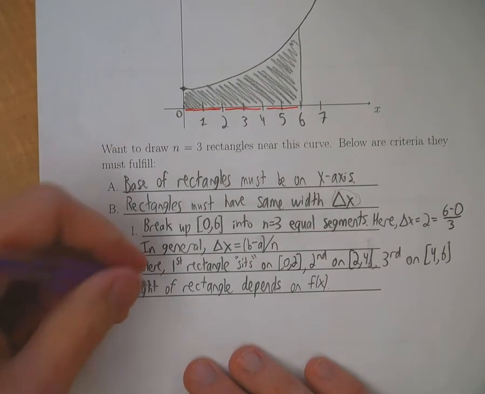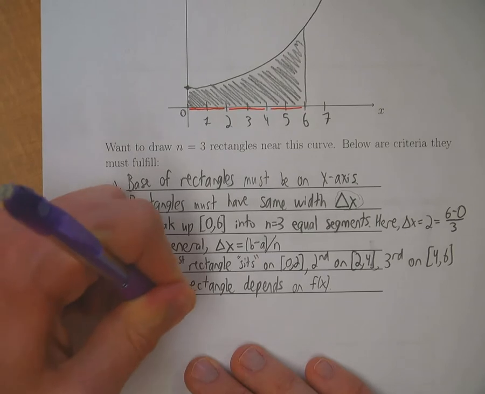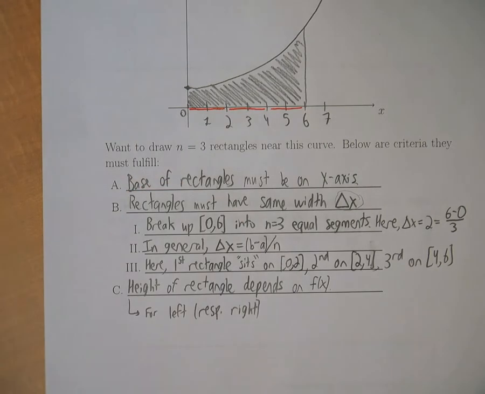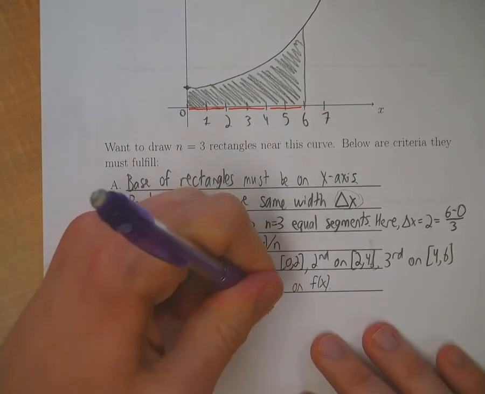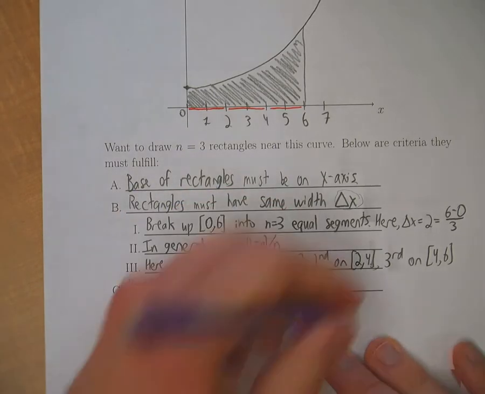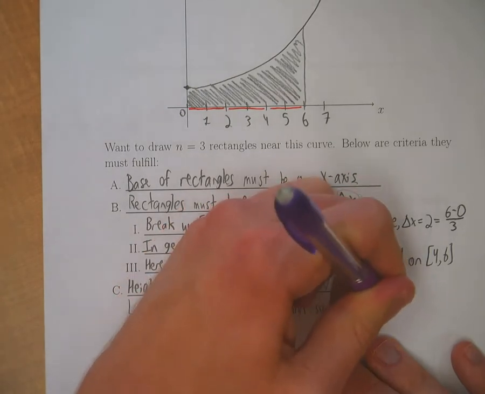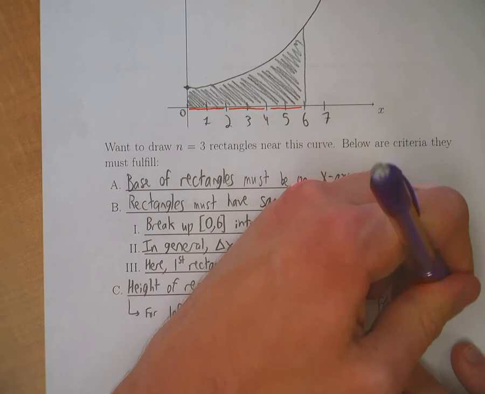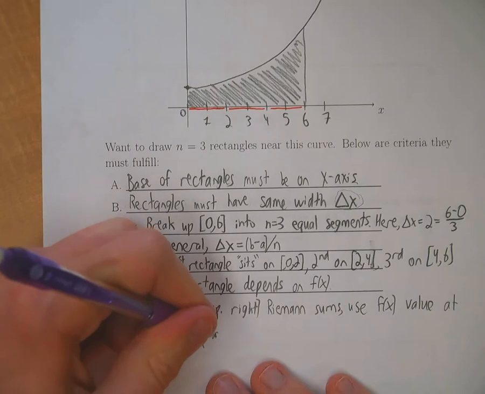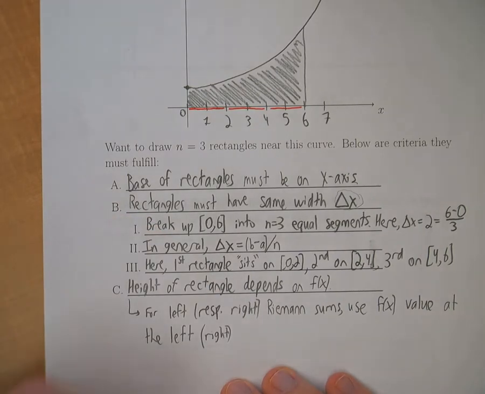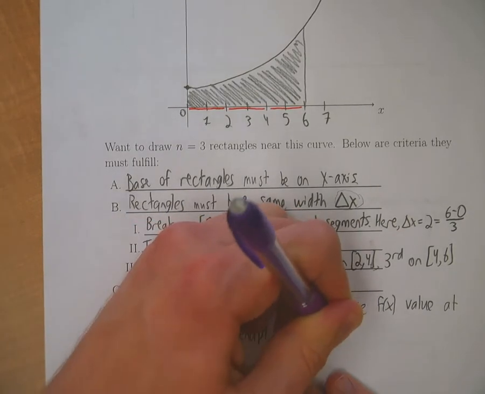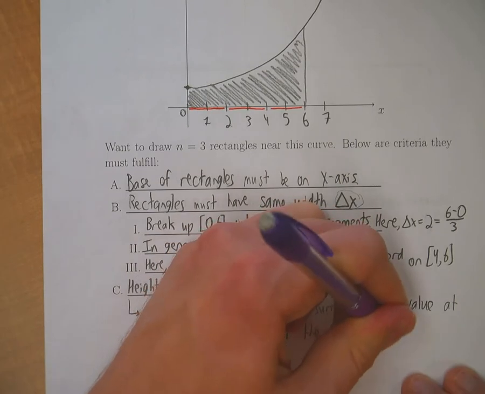So for left, respectively right, Riemann sums, we have to use the f of x value at the left, or respectively right, endpoint of the base of each rectangle.